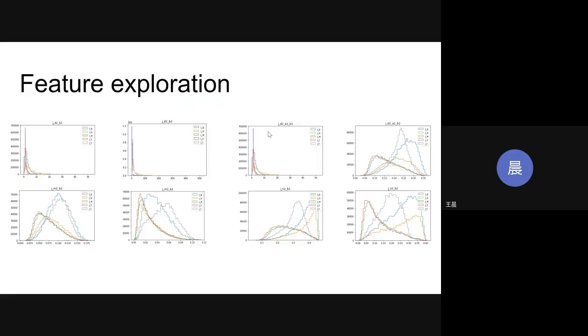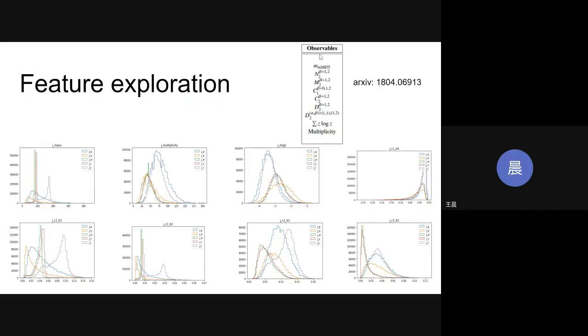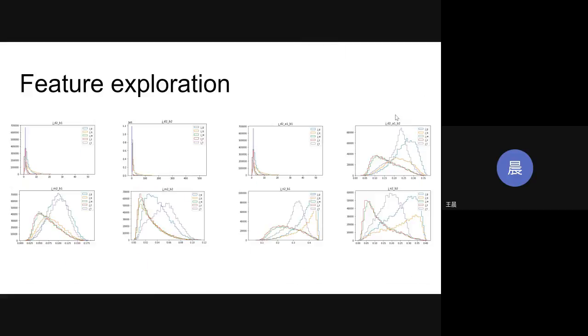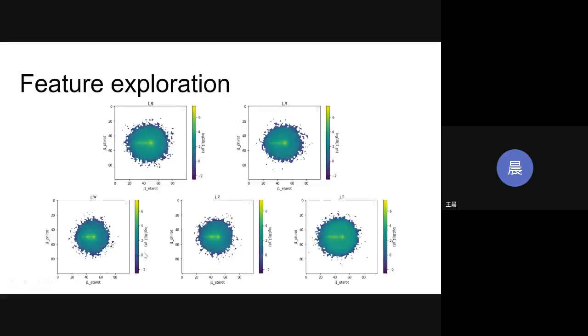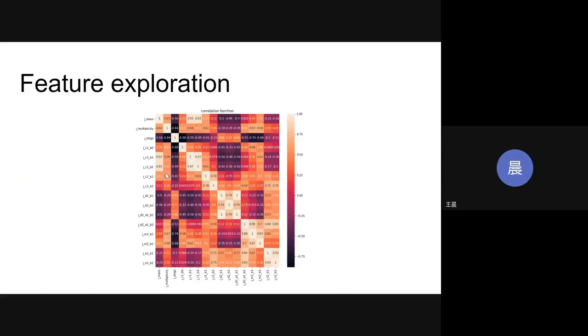Because our observables come from this paper, if the DNN model is not trained well, we will change one of these two features. We also made a correlation table for these 16 features.